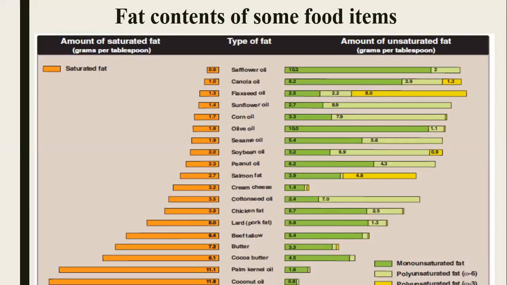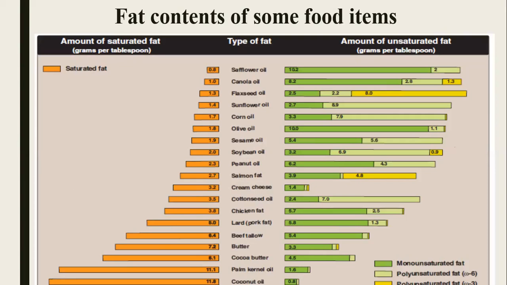In comparison to these plant sources, if you see the fatty acid composition of butter, it contains 7.2 gram of the saturated fatty acid and only 3.3 gram of monounsaturated fatty acid and a little amount of polyunsaturated fatty acid.